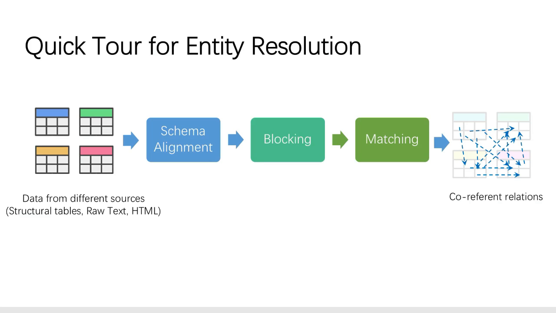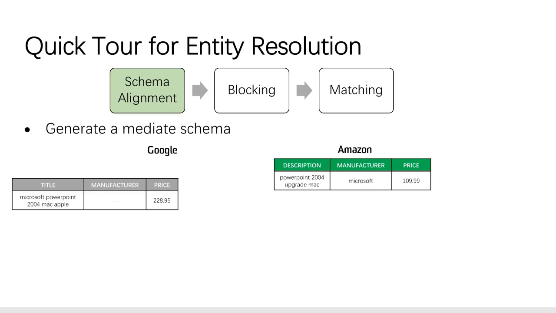The first step we need to deal with is that the relational tables may have different schemas, so we need to do schema alignment. Then we need to do the matching in the next step. The matching tries to find co-referent tuples from different tables. But in order to improve efficiency, we need to add the blocking step in the middle.